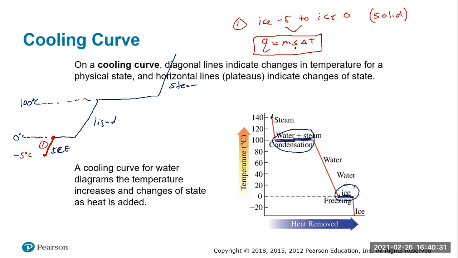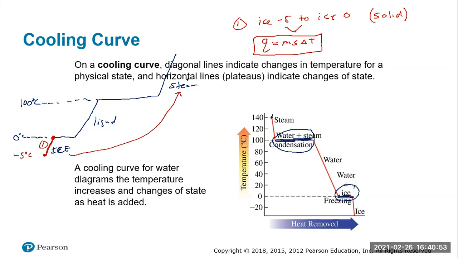So I would put my values in. I would want to make sure I use the specific heat capacity for ice because it's ice at this point, not liquid water. The change in temperature would be final temperature 0 minus initial temperature, which would be minus 5, and whatever the mass is. So that would be the first step that I would need to do.